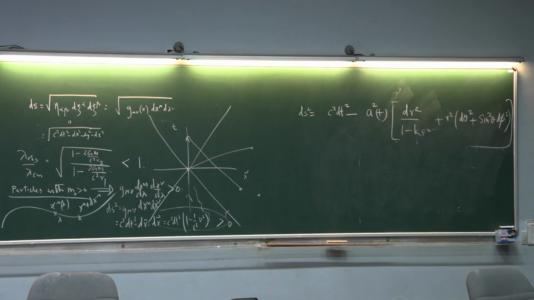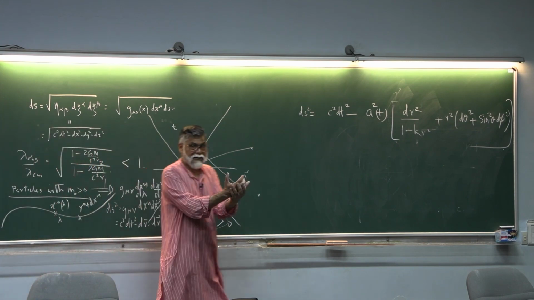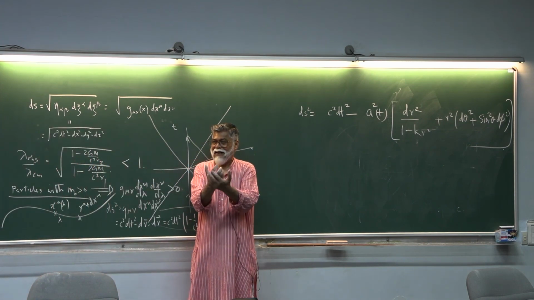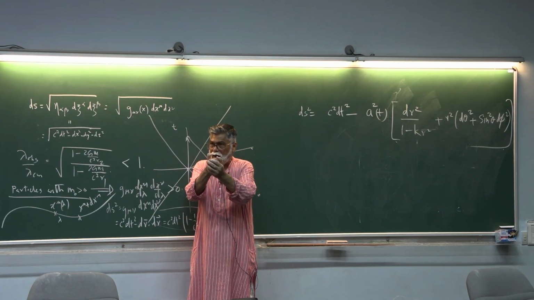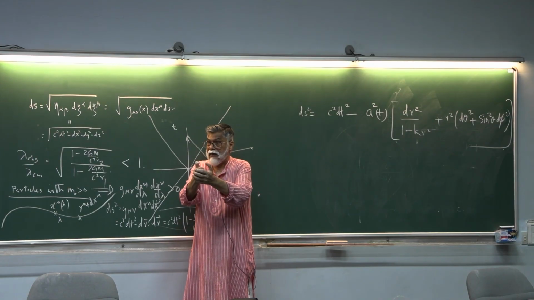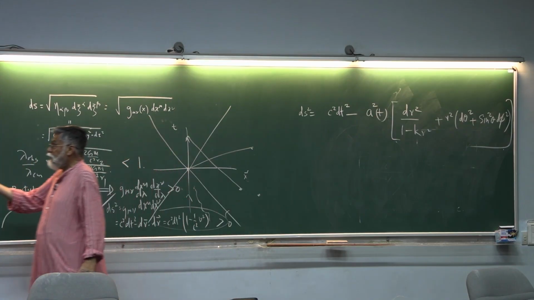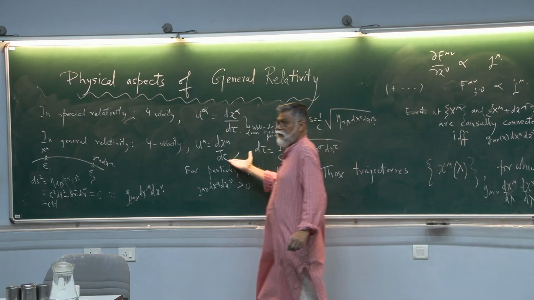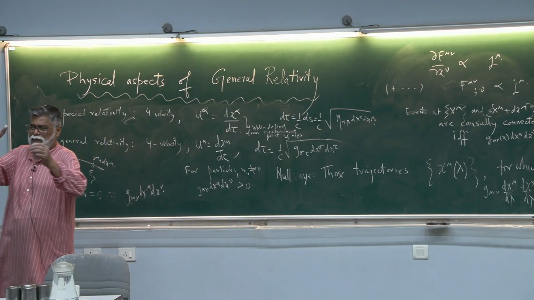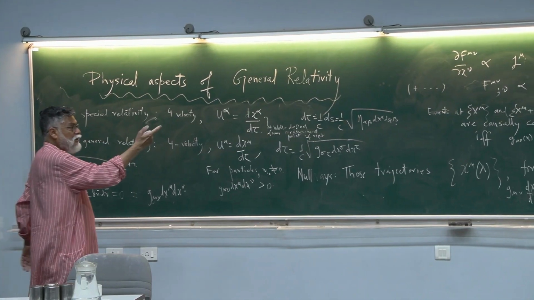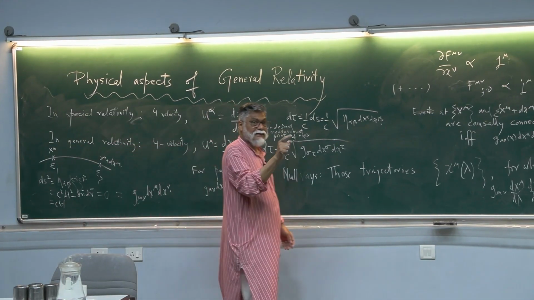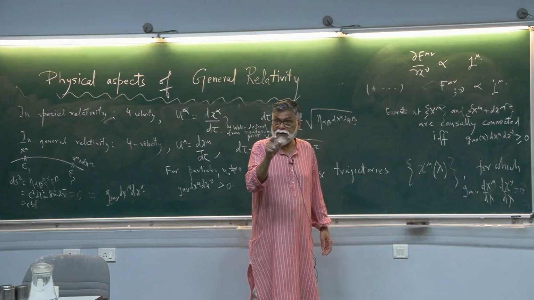You have to therefore know the physical interpretation of t. It turns out that because cosmic observers, by definition, have r, theta, phi coordinates constant, when they are carrying the clock, ds square becomes c square dt square, and ds square by c square is the square of the proper time. We have been doing this. So the interpretation of the time t is a coordinate time in the Robertson-Walker coordinate system.